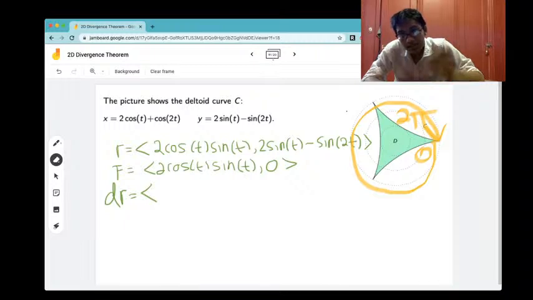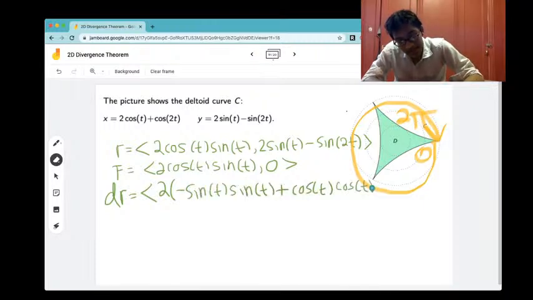It's gonna end up being a product rule. Okay, so derivative of cosine is minus sine of t times just sine of t. Let's not get too bungled up. Plus derivative of sine of t is just gonna be cosine of t times, not derivative, we're just leaving it as it is. So that's gonna be my huge x component.